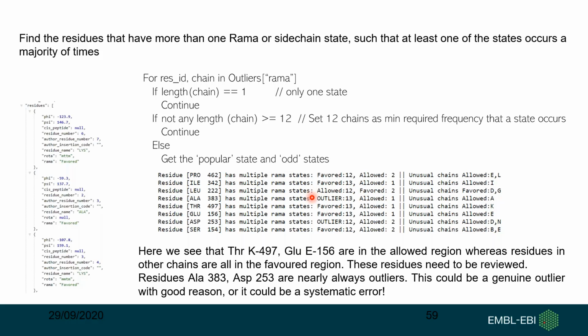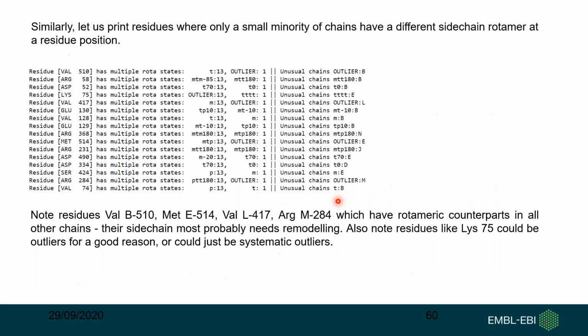Does that mean that it is an actual outlier, or are these actually errors? So by building the profile, we can start to make educated guesses about the validation of our structure. We can do the same exercise for the side chains as well.